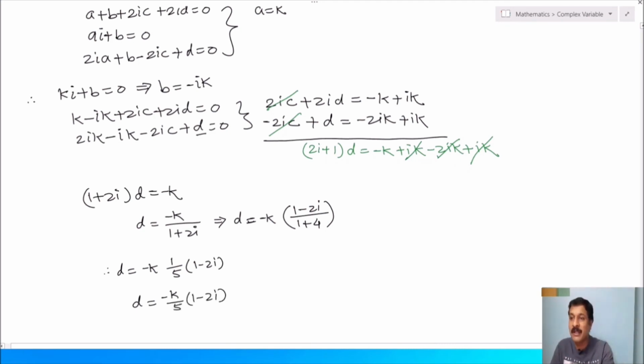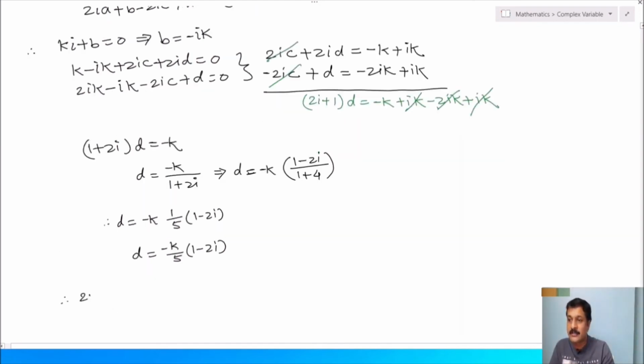Now by using the value of D, I can find the value of C from this. So it is 2ik minus ik minus 2iC plus D, and D means minus k by 5 times (1 minus 2i), equal to 0. I want to find minus 2iC, and that is equal to 2ik minus ik.